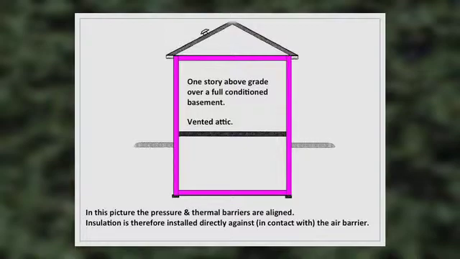So that naturally makes it part of your pressure thermal barrier, right? So all the way up the walls, across the ceiling line, across the basement floor line, that is your pressure, thermal pressure barrier.